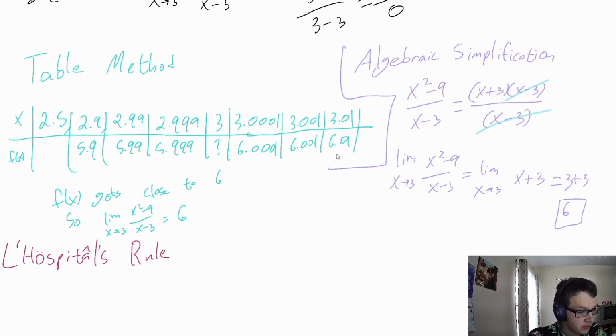The other rule, and this one I kind of briefly mentioned in class, but I think it's worth repeating here. The other thing we can use is something called L'Hopital's rule.